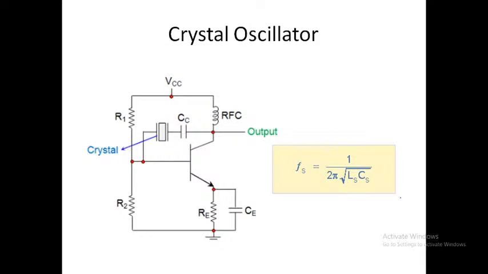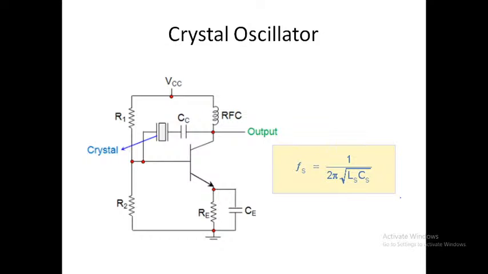So this is the general circuit diagram of a crystal oscillator, which you are going to use with the series RLC equivalent model. So with the series RLC equivalent model, this is the crystal oscillator with the amplifier. Why is this amplifier needed?